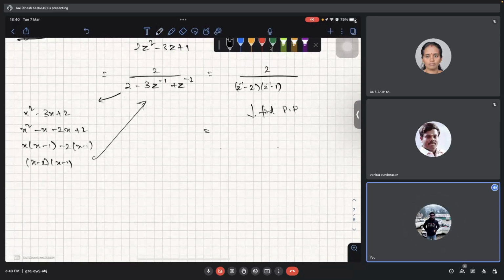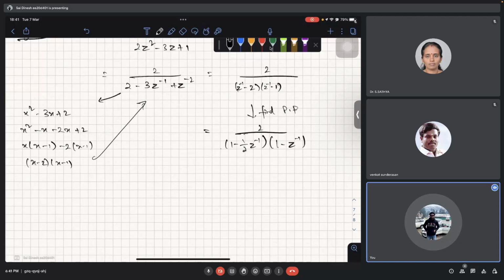So this will be like 2 by 1 minus half z inverse, and then 1 minus z inverse.